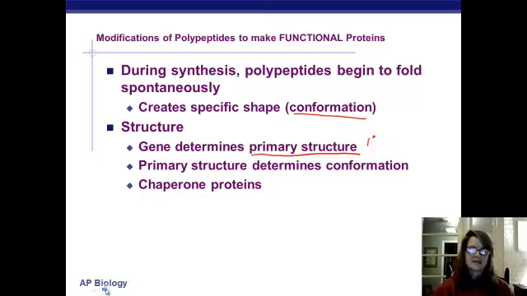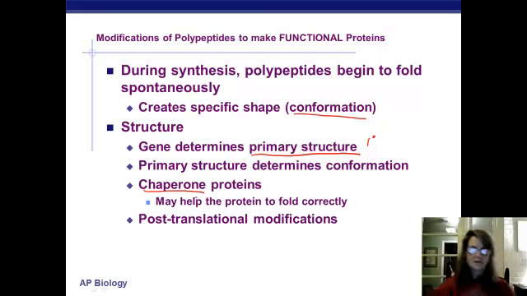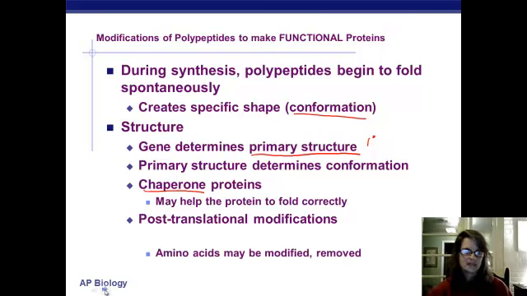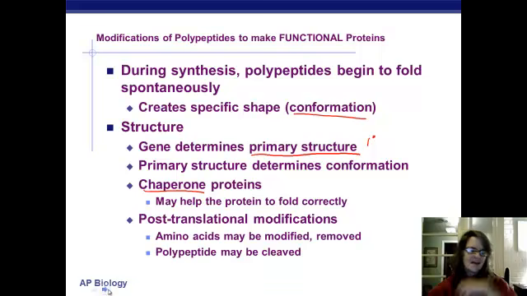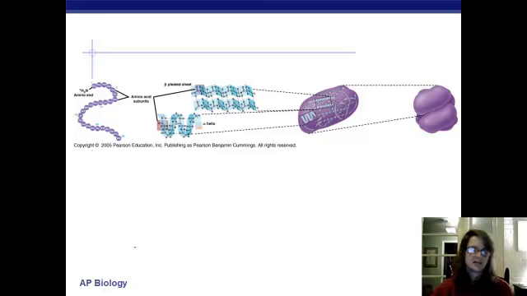And then there are some helper or chaperone proteins that can help it fold in correct ways sometimes. We can modify it, we can add amino acids or alter them or remove them altogether. The polypeptide may be cut up, so there are all kinds of ways to modify it after it's made. We can even put two or more polypeptides together. So by no means is that the end of the road right after translation.